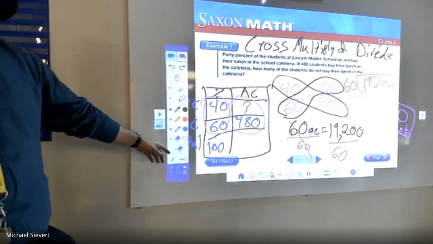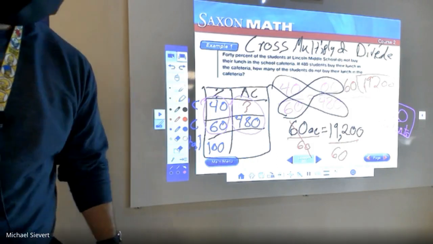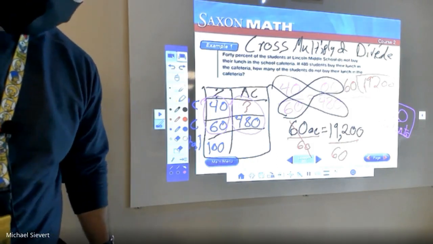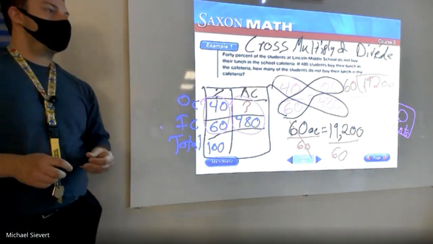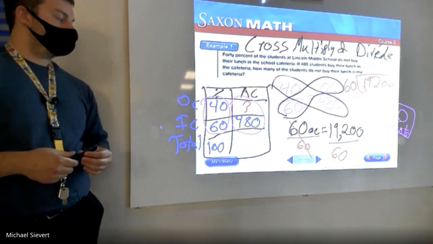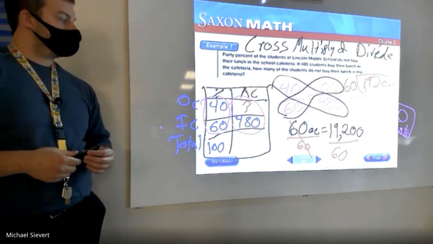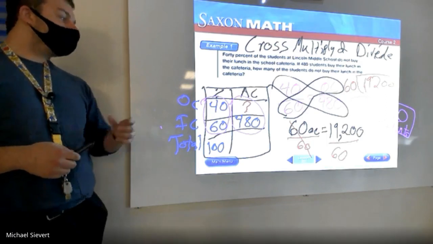So what if it's like 150%? And it's weird, because how can it be maybe 150 students and then 180 right there? That's possible. Well, let's figure this out.